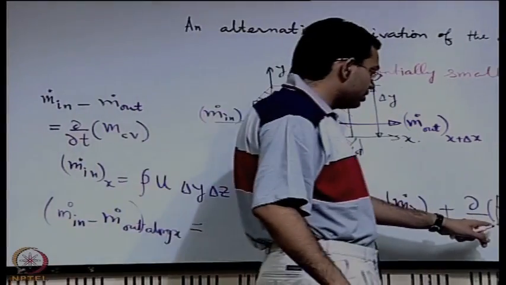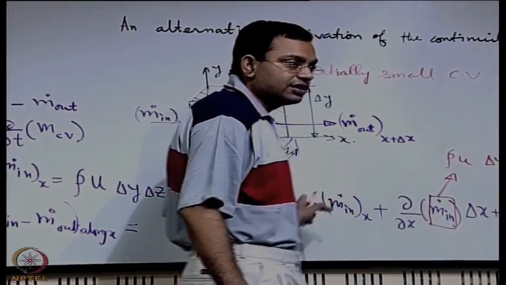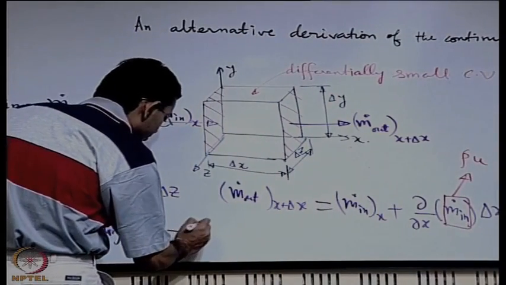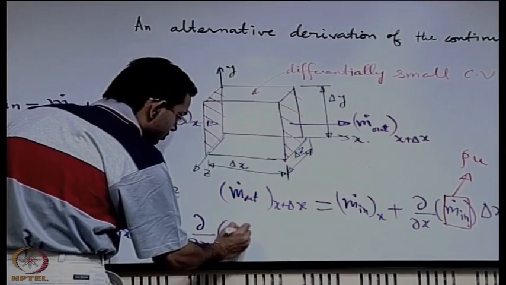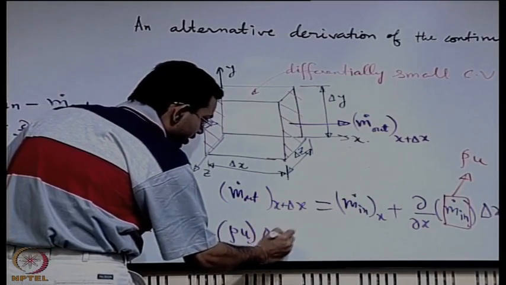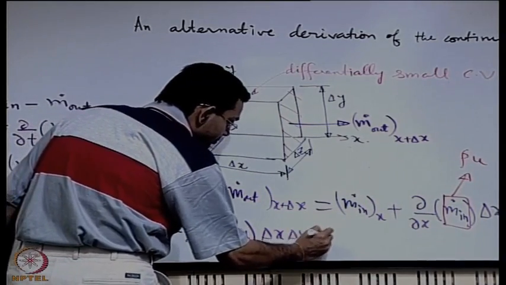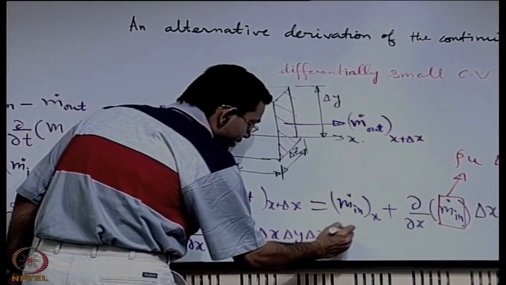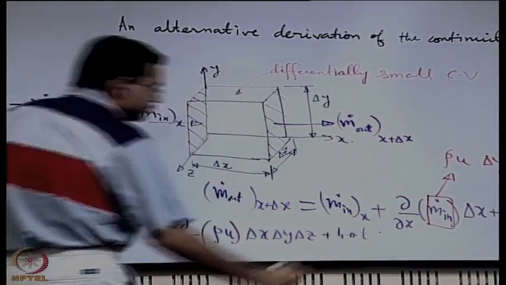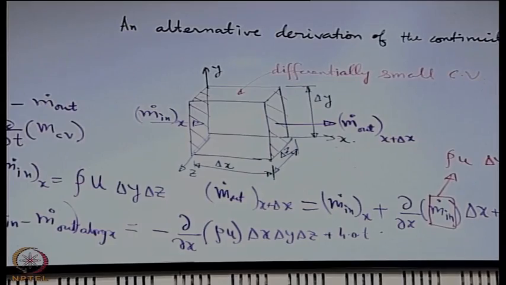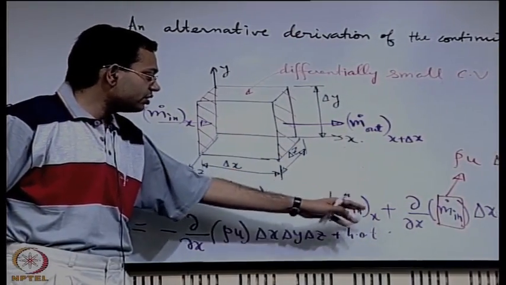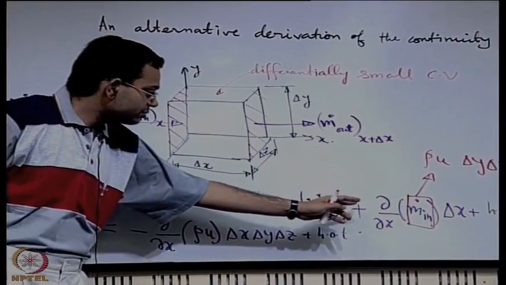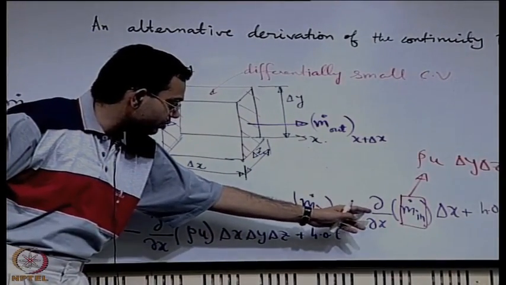So this term will come in the other side, it will be minus of that into delta x delta y delta z plus maybe minus higher order terms, right, just by simple transformation or taking one side terms to the other side.